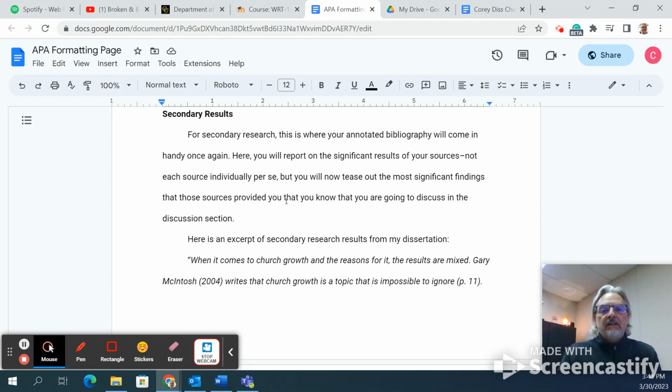For the secondary results, you don't need to go through each individual source per se. This is literature review-ish, but it's not a literature review, because you're not talking about everything. You're just going to bring in the results from those particular sources that you're going to discuss because they are extremely germane to your topic.